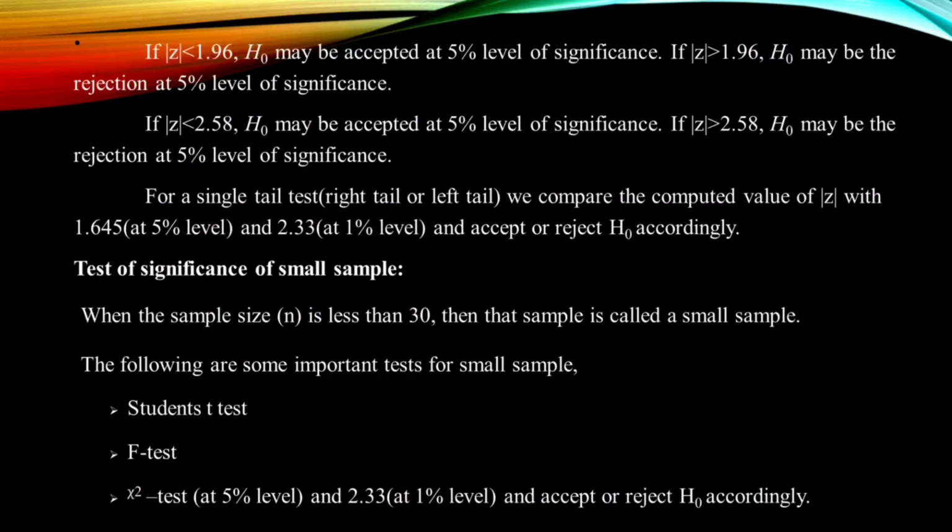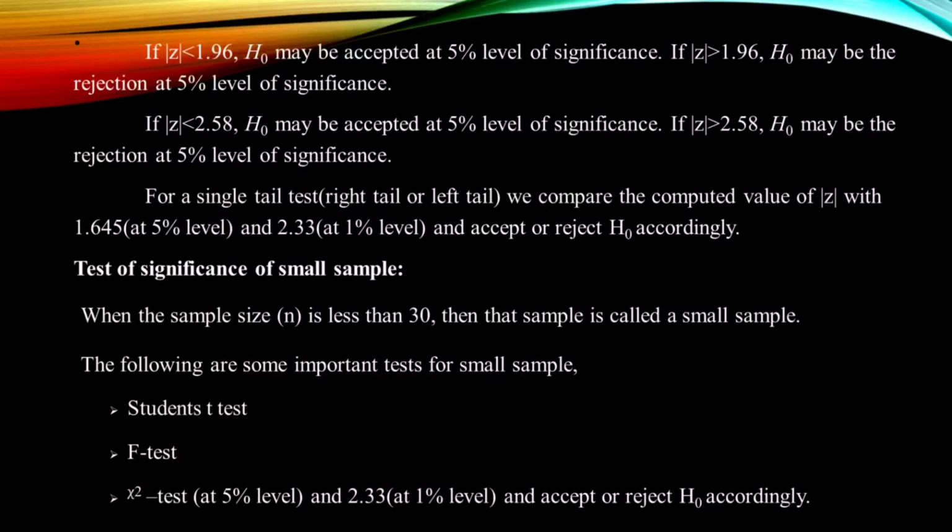For a single tail test, we compare the computed value of mod z with 1.645 at 5% level of significance and 2.33 at 1% level of significance, and accept or reject H naught accordingly.